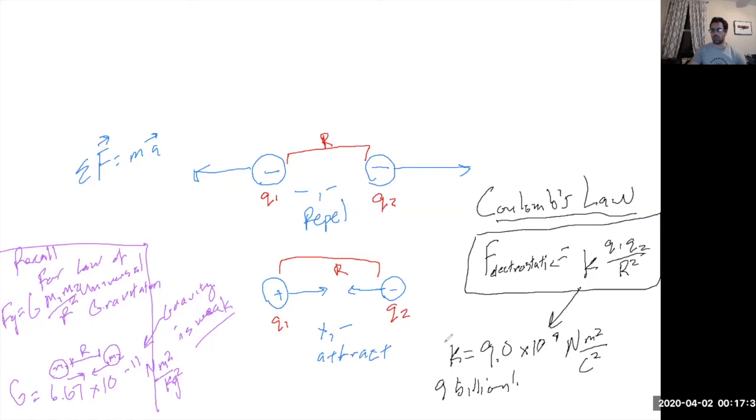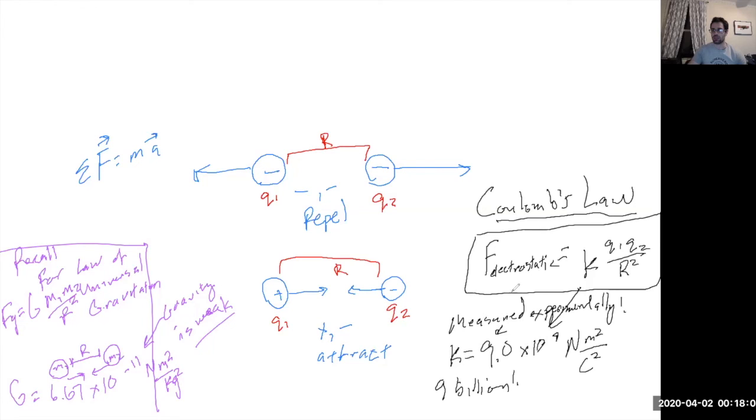And keep in mind that this constant here, this 9 billion, is something that's been measured experimentally. And we have a good deal of precision for that over the past century or two.